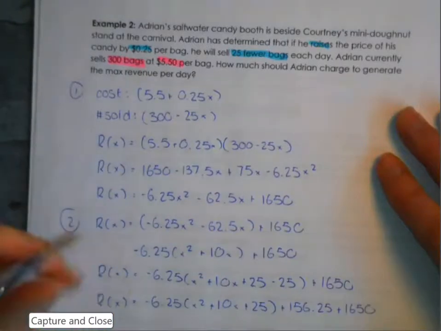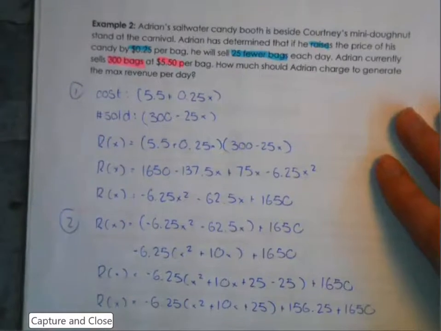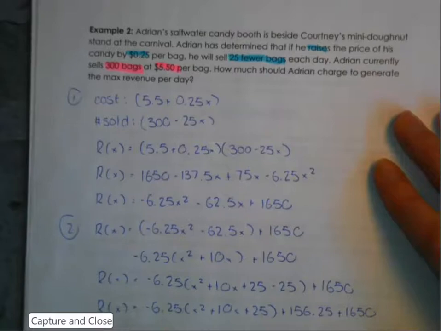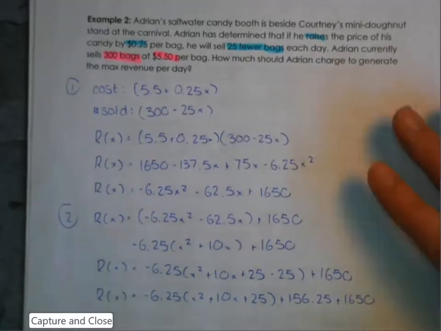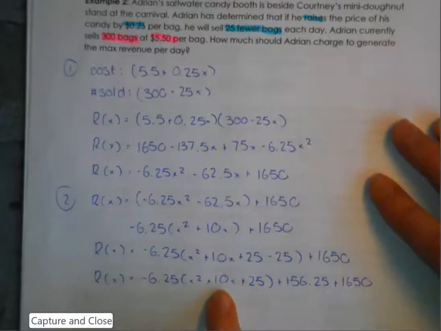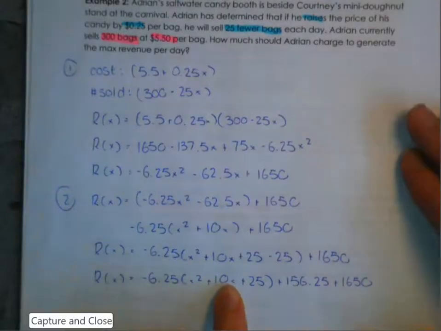In our last step we want to make our trinomial into a binomial. So we need to think about what the square root of 25 is. Well, it's 5, and what version of 5 would give us positive 10? It has to be positive.